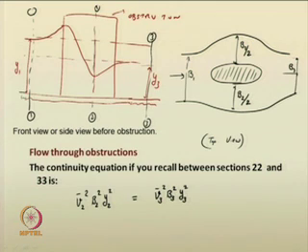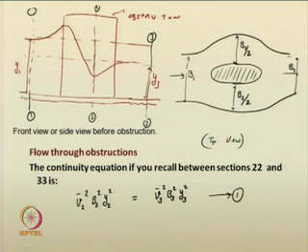And the rectangular channel width at the downstream is B3. So, you have V2 B2 Y2 equal to V3 B3 Y3 due to the steady state conditions. You can use the continuity equation as given here.